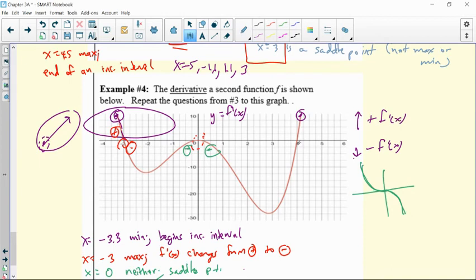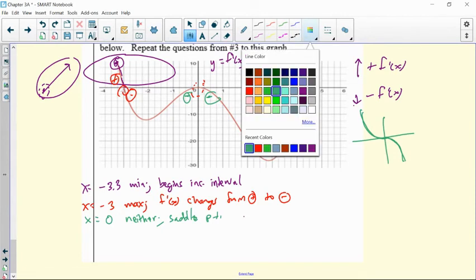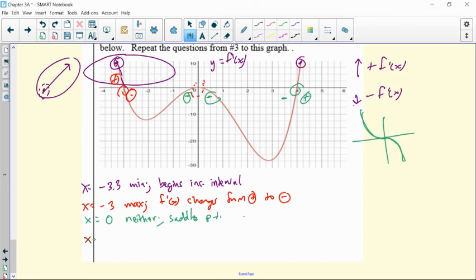Okay, and then we have a value right here at 4. Your derivative did change from negative to positive. So when you do change from negative to positive, you are a minimum. Okay, so I was pausing hoping that you were able to fill that in. Okay, so x equals 4 is a min. And again, we know that because the derivative, so what I physically can see, is changing from negative to positive. And this is the reason you're going to use for all of them.